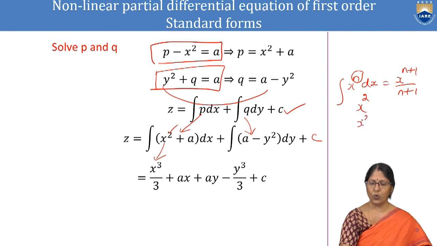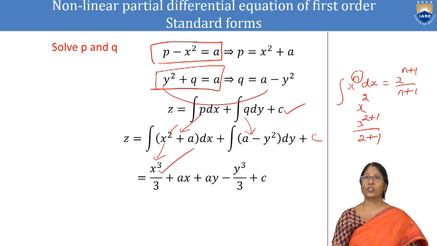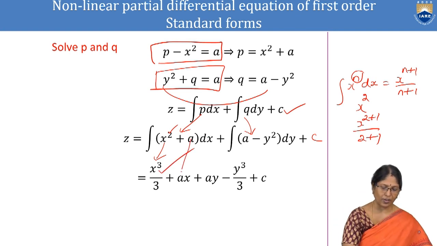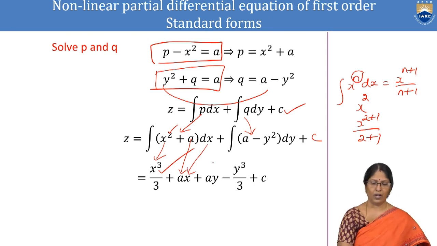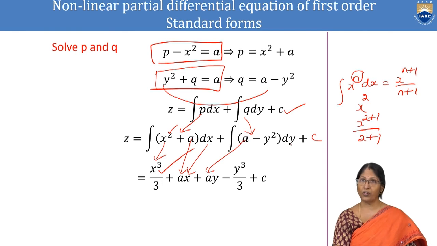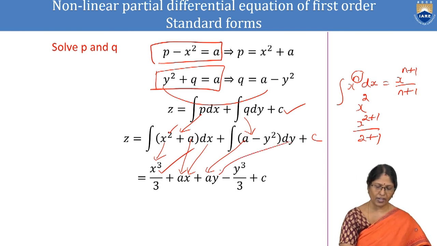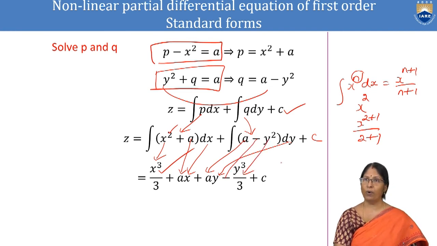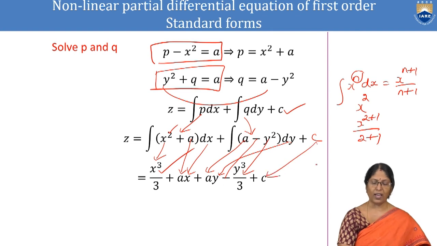So x power 2 plus 1 by 2 plus 1, it is written x cube by 3. A is written as it is. Dx integral is x. This is integration with respect to y. So dy integral is y. Minus sign is as it is. Y square integral is y cube by 3, plus c as it is.